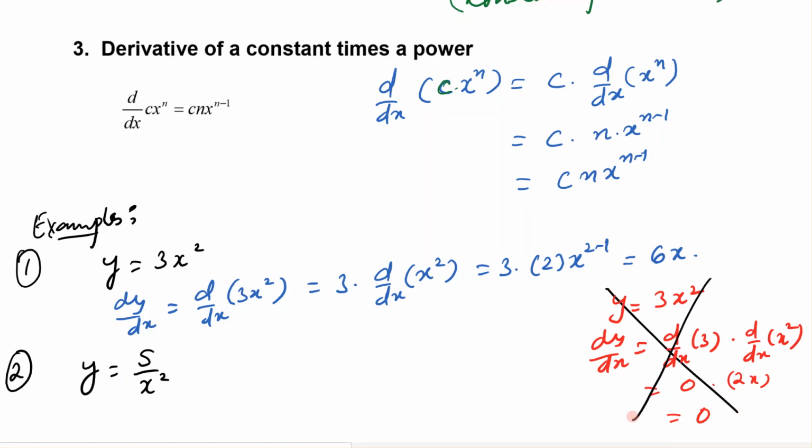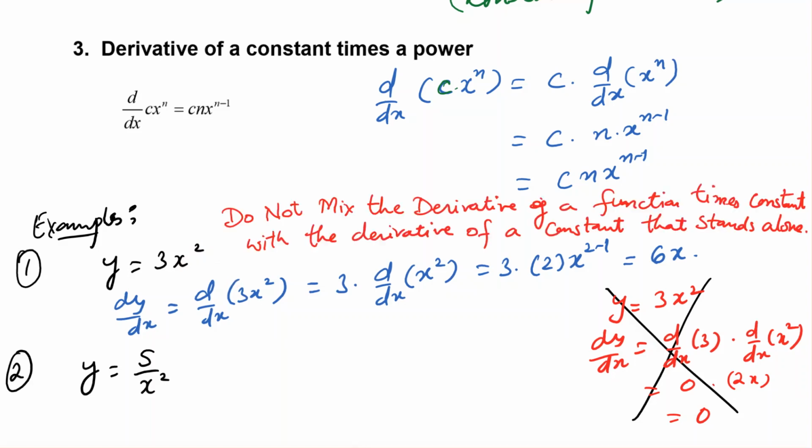This is wrong. Don't mix the derivative of a function times a constant with the derivative of a constant that stands alone, because the derivative of a constant that is alone is 0.